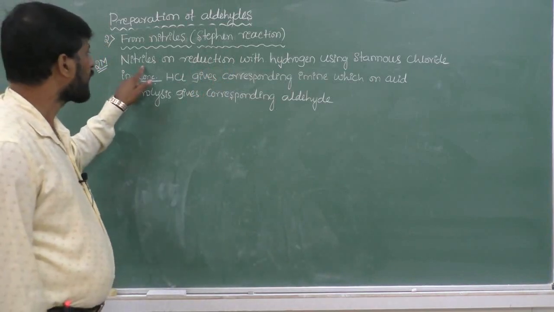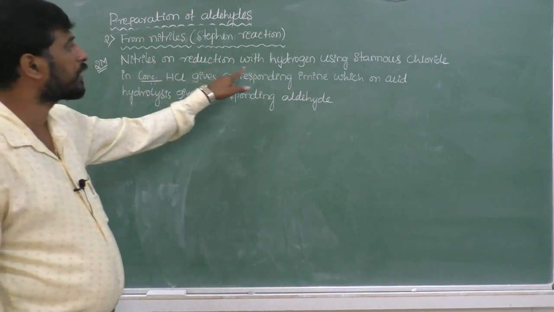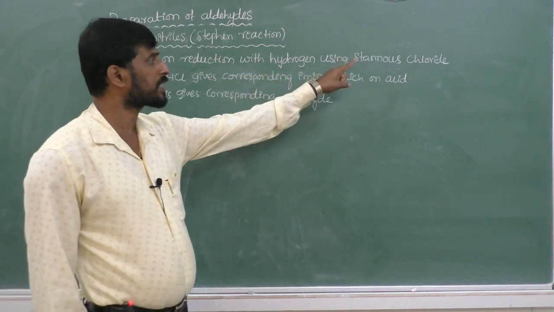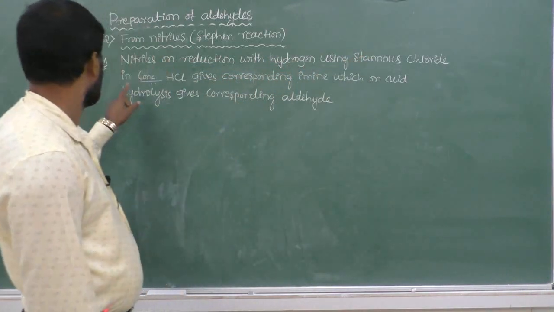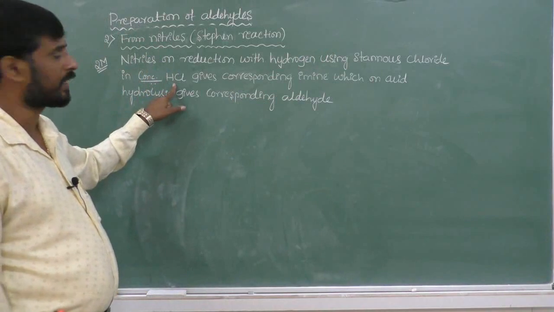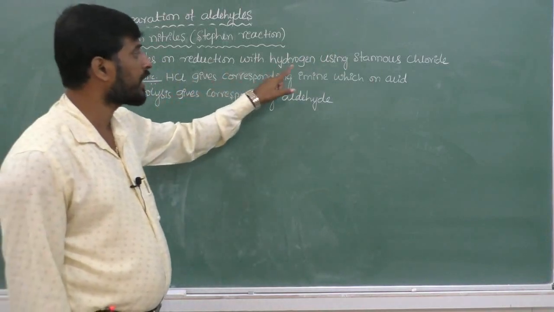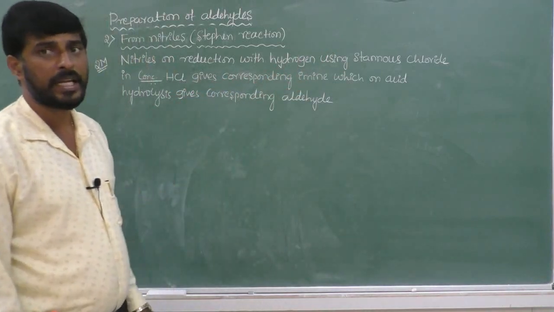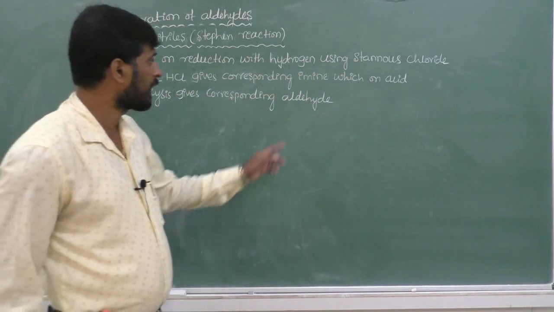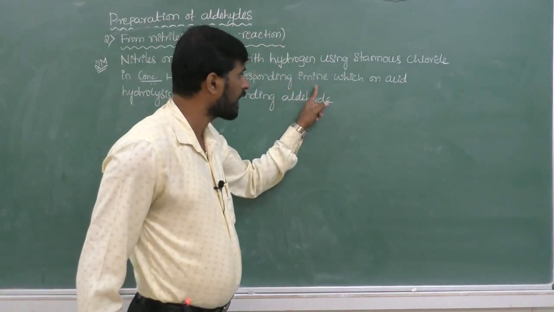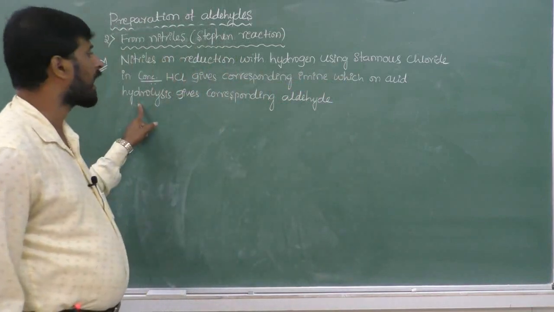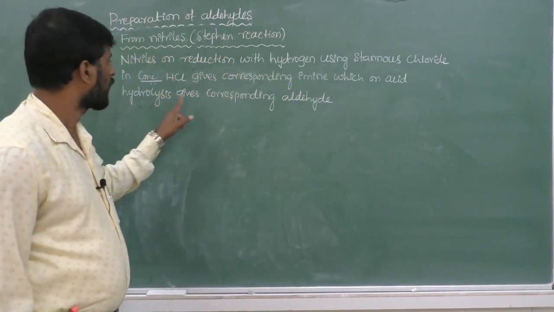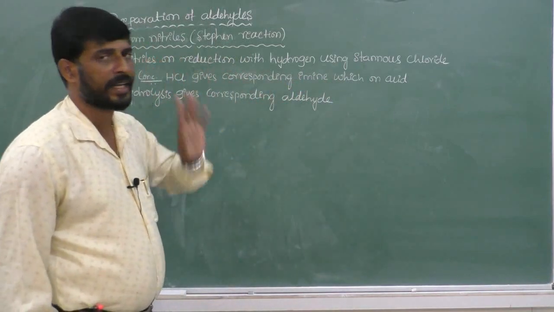Nitriles on reduction with hydrogen using stannous chloride in concentrated HCl give the corresponding imine, and this imine on acid hydrolysis gives the corresponding aldehyde.